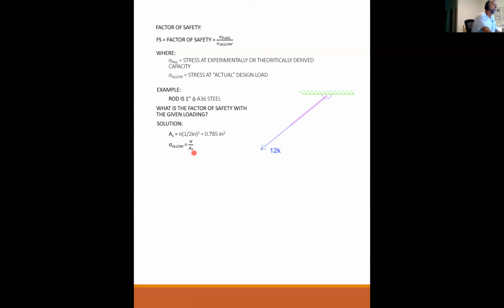Stress is always a force over area. So N over A_s is equal to 12 kips over my area of steel, 0.785 inches squared. Kips over an inch squared, of course, is KSI. So 12 divided by 0.785 is 15.29 KSI.